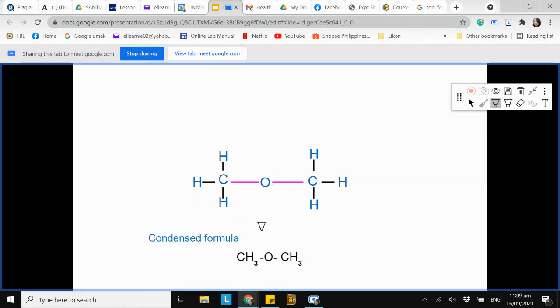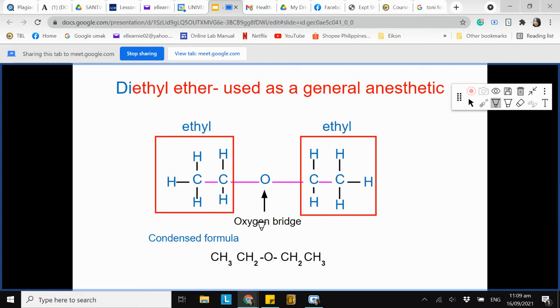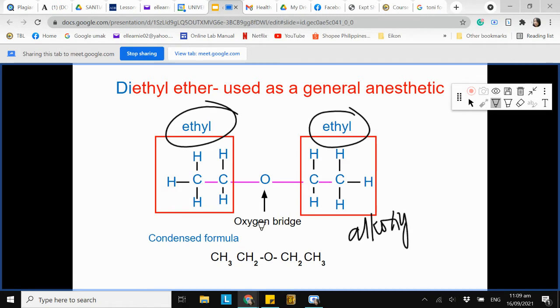So the name here will be diethyl ether kasi dalawang ethyl. But if you're going to name this using IUPAC, you use the formula alkoxyalkane. So, ano ngayon yung name nung compound nating diethyl ether? Anyone?